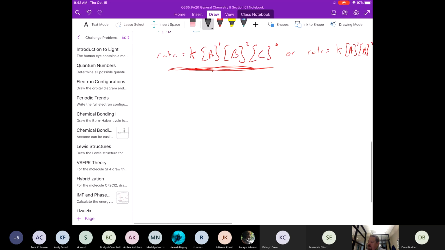So in experiment 3, the rate is equal to the rate constant times A to the first, B squared, C to the 0.